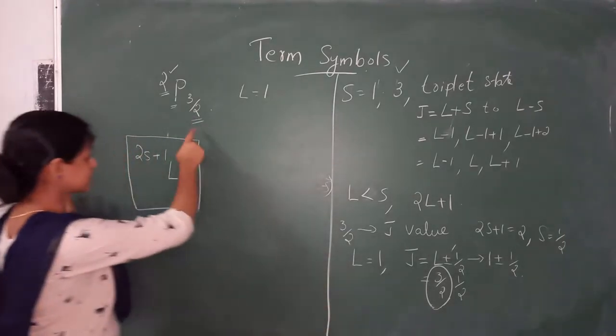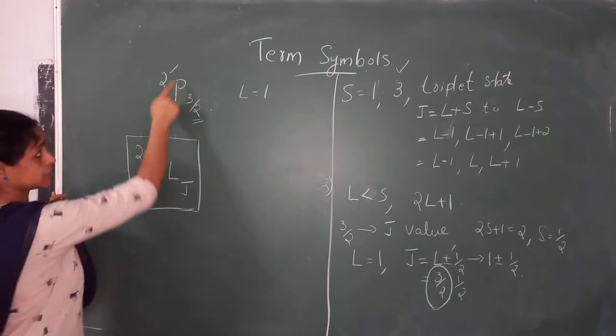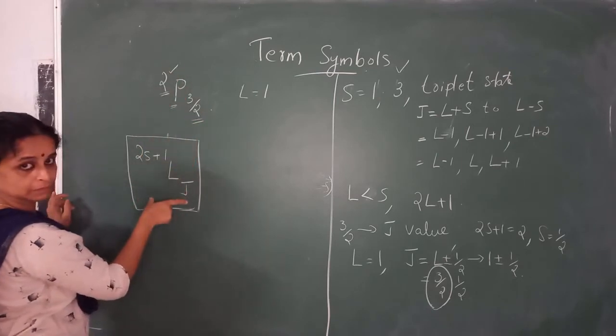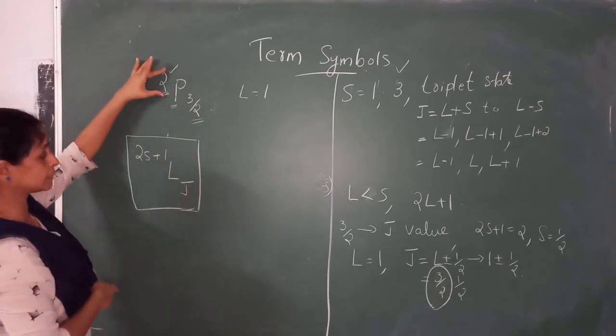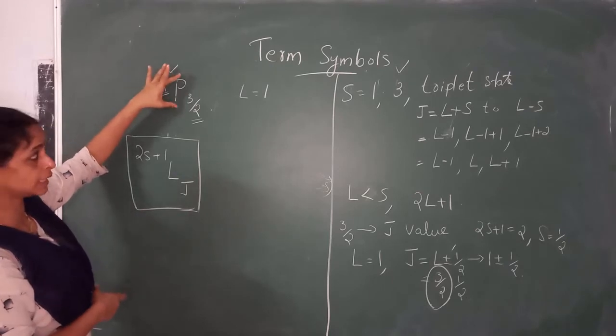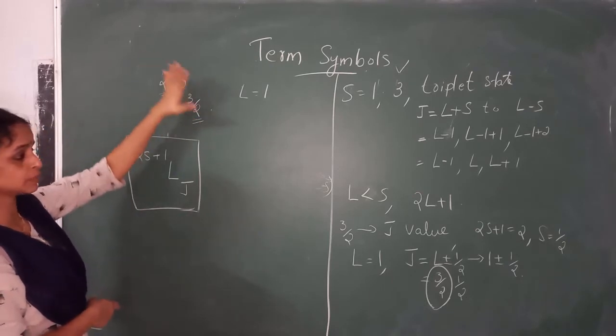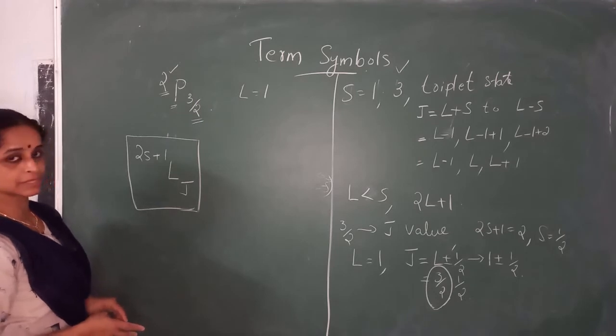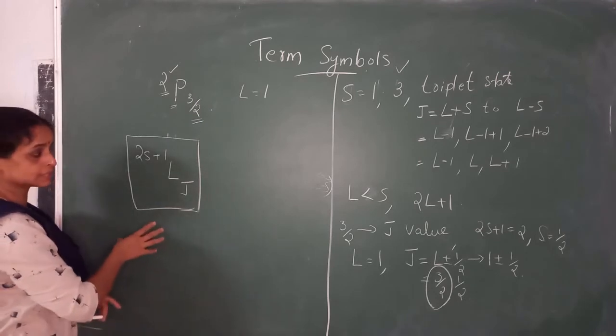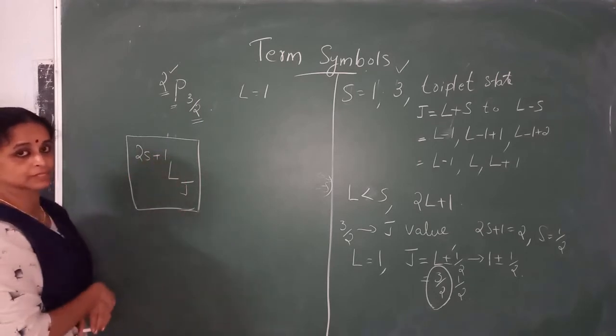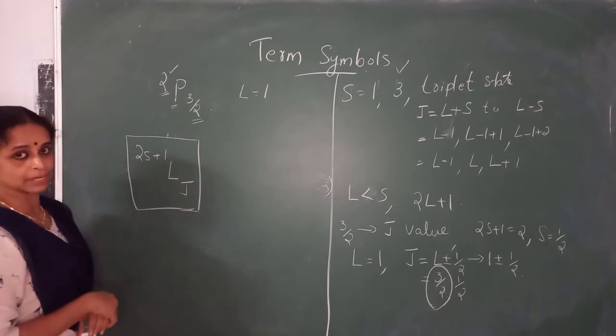These descriptions are known as term symbols. This is a term symbol. So the general term symbol is like this. This is the multiplicity, this is the L value, and this is the usual notation for the multiplicity values.